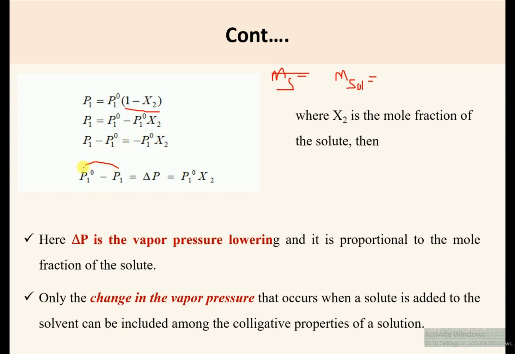So this is nothing but the change in pressure. This is in pure form, this is after added. So change in pressure, change in P is equal to P1 not times x2, where x2 is the mole fraction of the solute. The amount of pressure changed is equal to the vapor pressure in its pure form times the mole fraction of the solute in the solution.